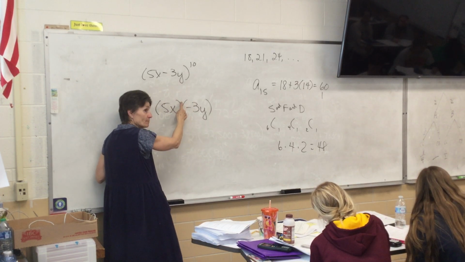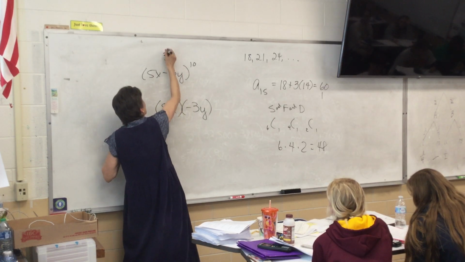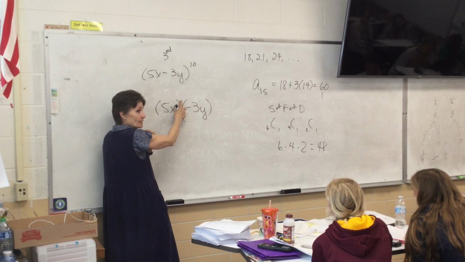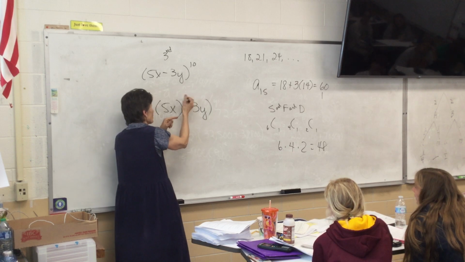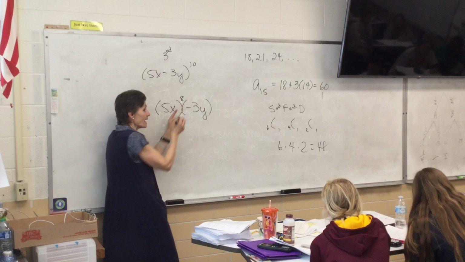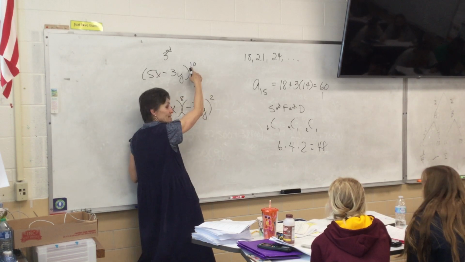You remember that? Which term am I looking for? The third. So in the very first term, this is a 10. In the second term, it would be a 9. So in the third term, that's an 8? Yes. But if that's an 8, we know this one has to be a 2 because they always add up to that.